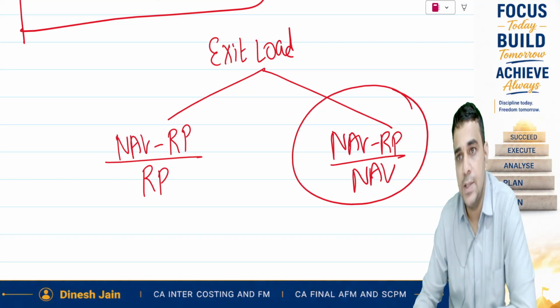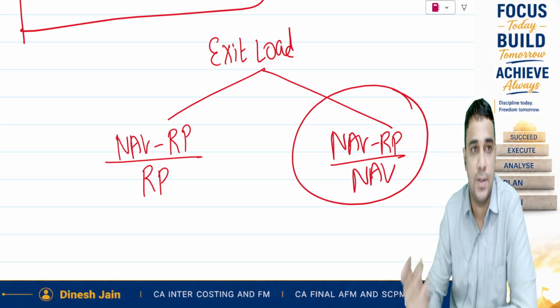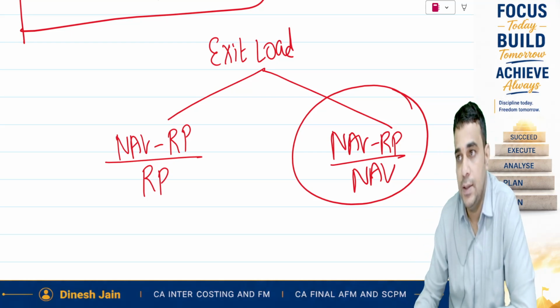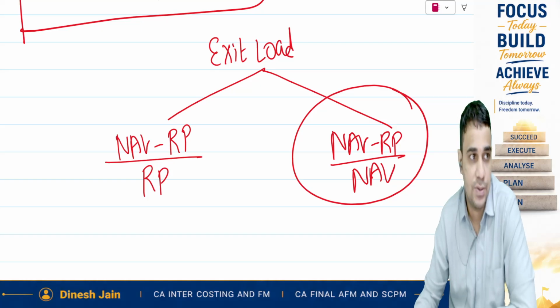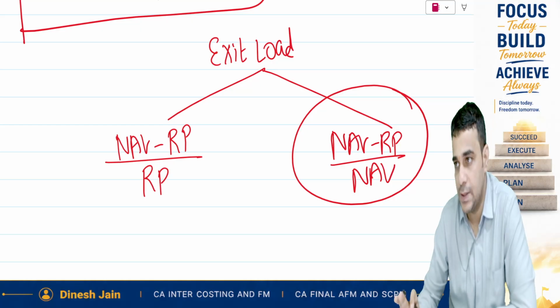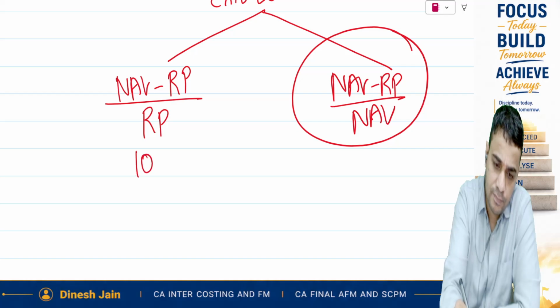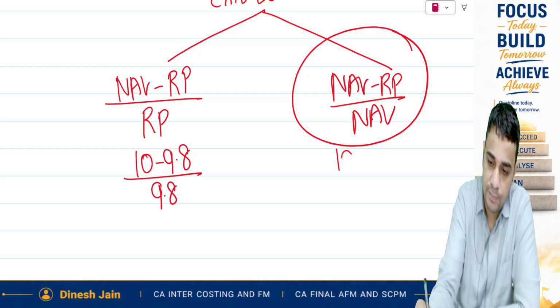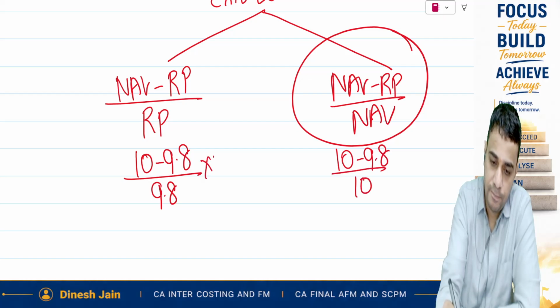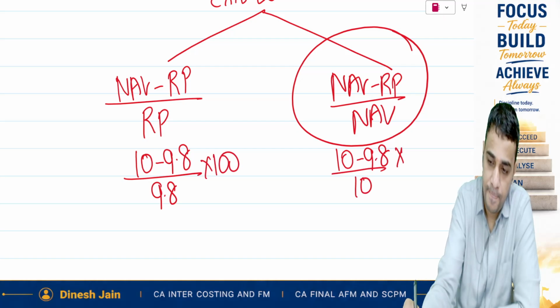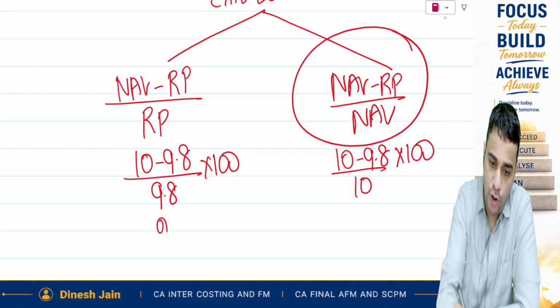Two percentages, coincidentally, will match the numbers. That is a coincidence. In this question, there is no linkage between the two percentages. What is the redemption price? 9.8 divided by 10.